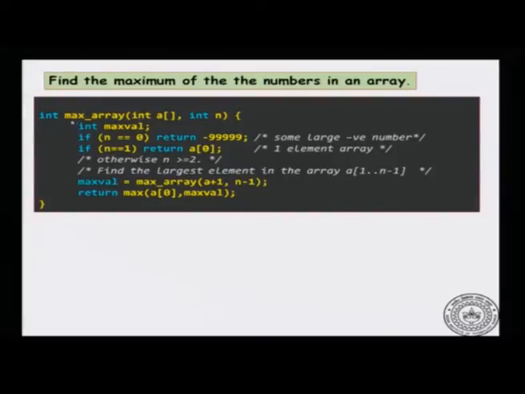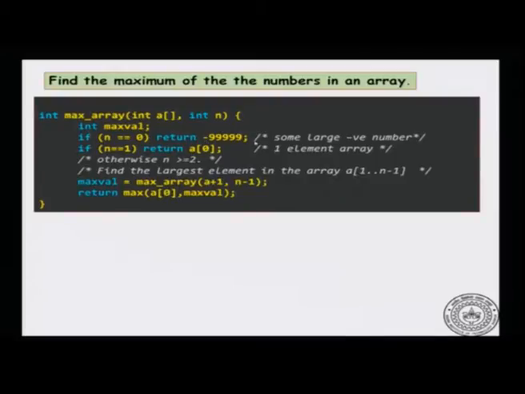We have int max array because it is finally going to return an int value, which is the greatest value in the array. Now, you have an int array A and n is the size of the array. Let us say that if n is 0, then the maximum is simply something like minus infinity.